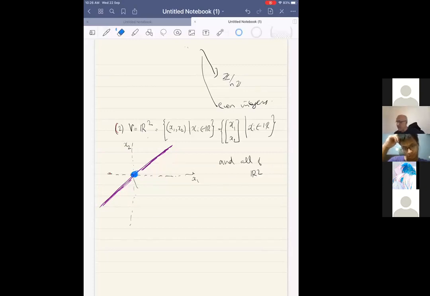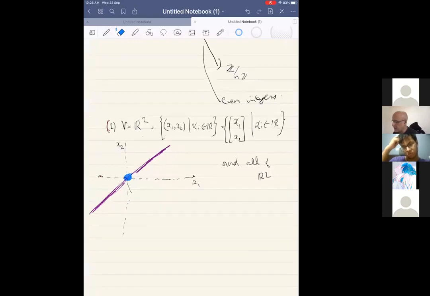In the x1, x2 plane, we have drawn three examples of subspaces: all of R2, first of all, then the smallest subspace, which is 0, and any line through the origin.